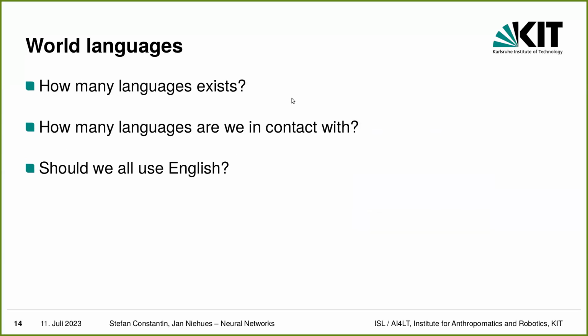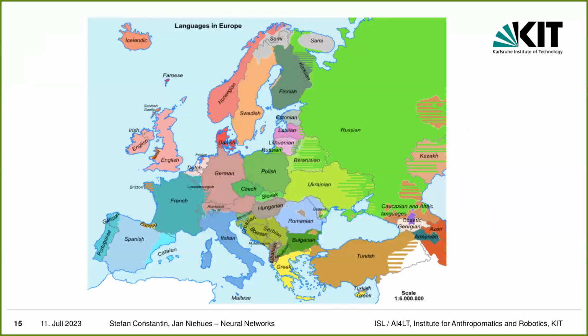So, about the languages. One important question to ask and answer is how many languages there even are, and what the situation is, especially with how much resources we have for each of the languages. Linguists estimate that there are around 7,000 languages in the world.